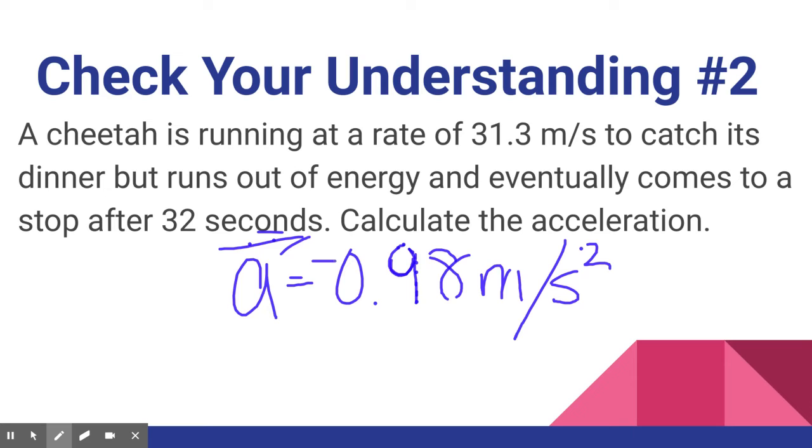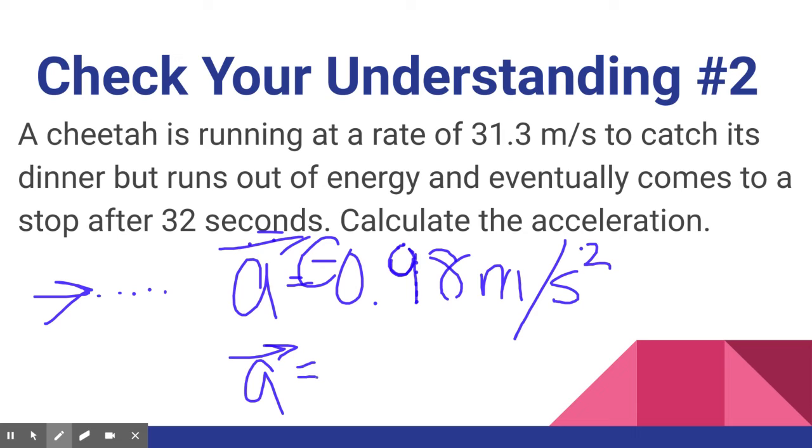Let's say for the sake of argument that the cheetah initially is running this way, but then comes to a stop, so the acceleration is not in the same direction as the movement. Because it's opposite, and mathematically the acceleration is negative, that means it's in the opposite direction of our movement.